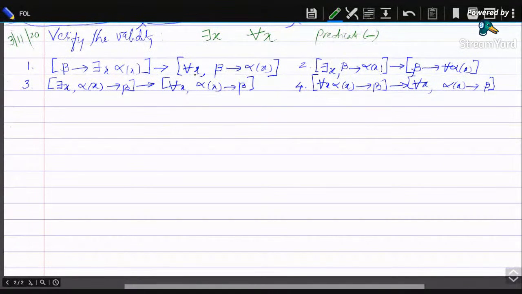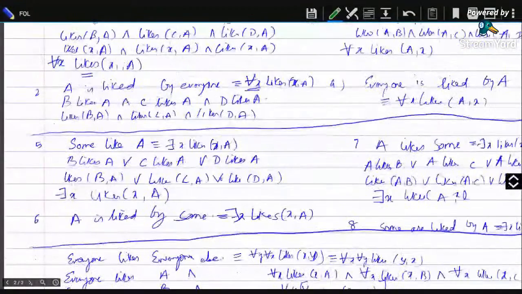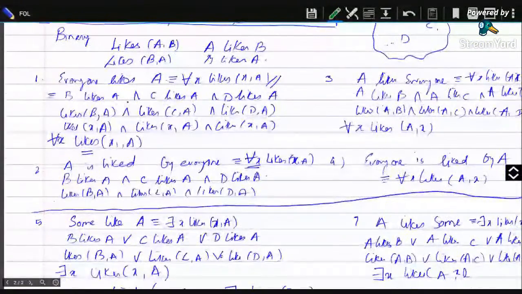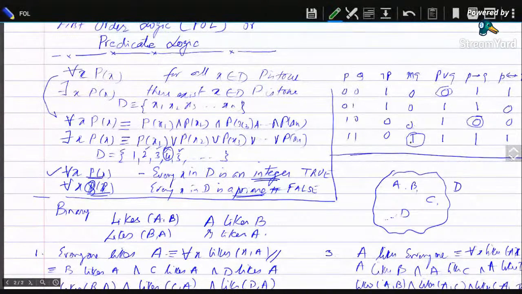In that, most commonly, as we had discussed earlier, as lazy people we would prefer to work with the simplest possible thing. So if it is and, let us check whether it is true when both are true. If it is or, just verify whether it is false when both are false, or when it is implies, then see whether this is false when it is 1 and 0, and so on.